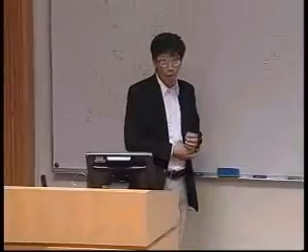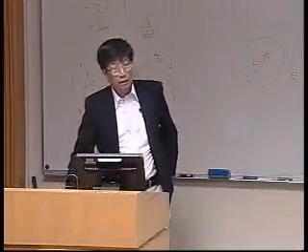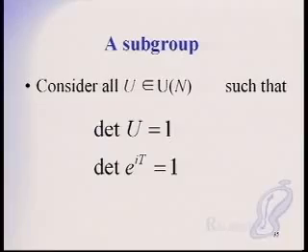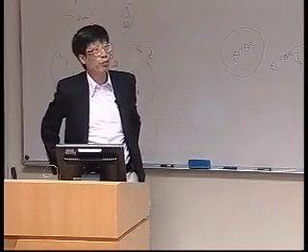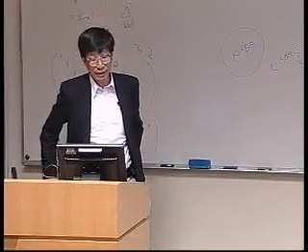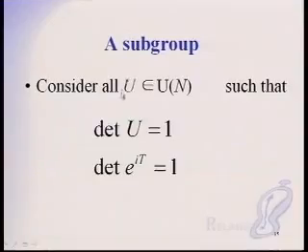So let me make that formal. I start with UN, which is the unitary group in n dimensions. I consider a matrix U which is in this group. But I now impose a condition that its determinant has to be equal to 1. So this must be a subgroup. Now, I will later prove that it is a subgroup. It's certainly a subset of all U's, right?